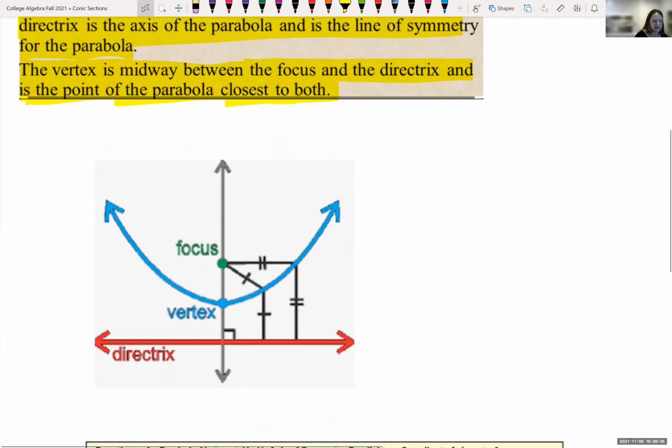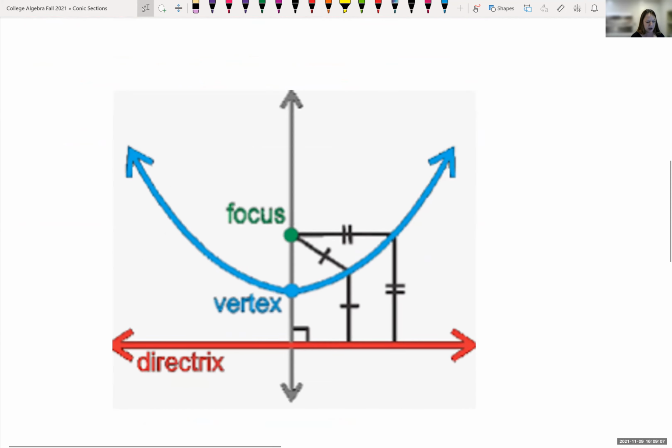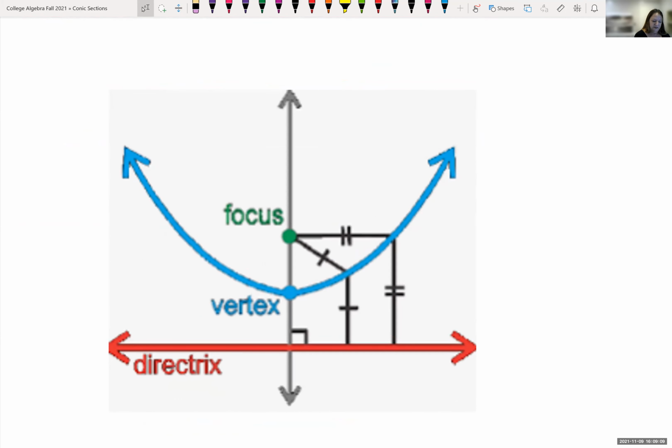So here's just another picture of what we were just talking about. And so any point that you choose on the parabola, there's an equal distance between that and the focus, and that and the directrix. So we could choose any point on here, find that distance to the focus.